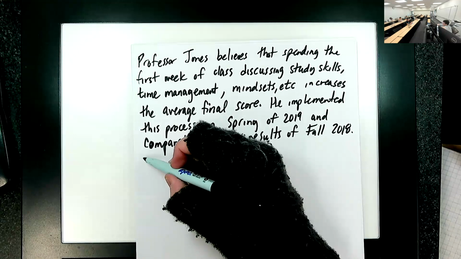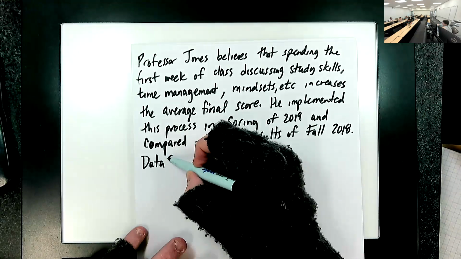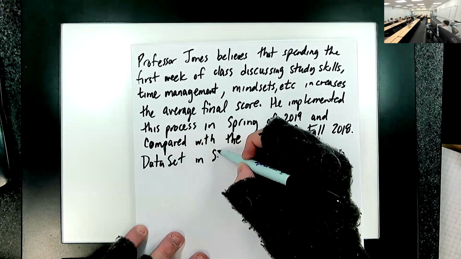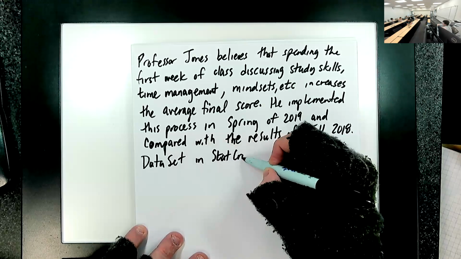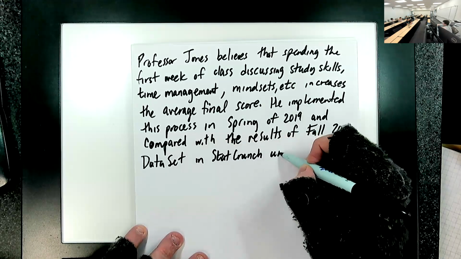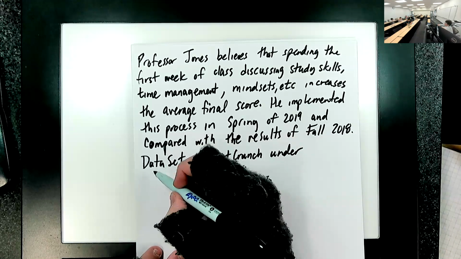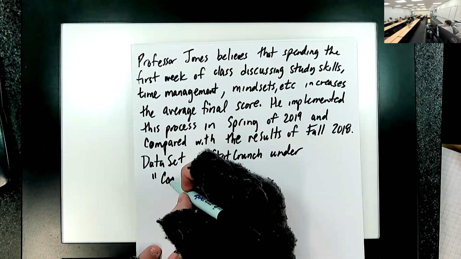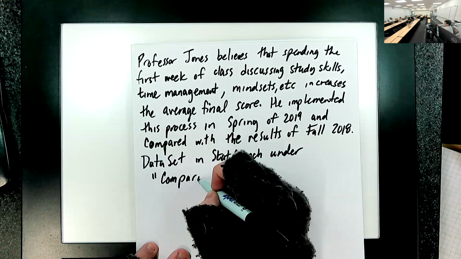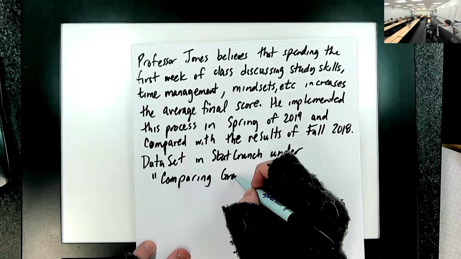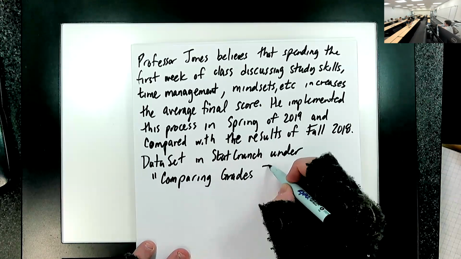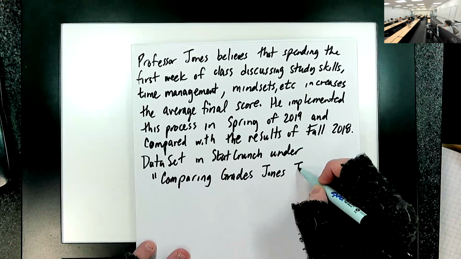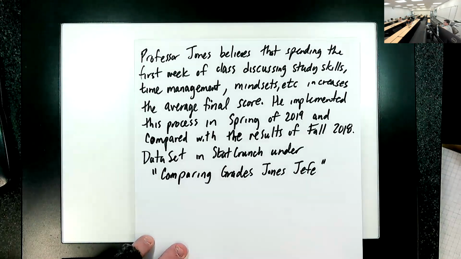You can find the data set in StatCrunch, under comparing grades Jones-Hefe. That's where I labeled it. That way there was no one that's going to go, nope, that was my data.